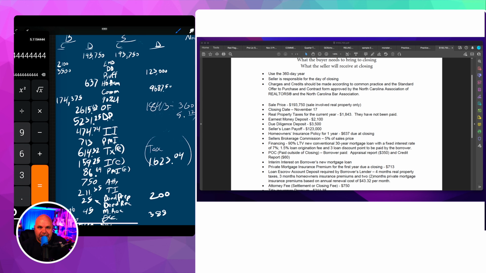And then counting the number of days. And so this is pretty late in the year, so it's November 17th. That's the 11th month. So the 10th month times 30 days is 300 days, plus another 17 for the month of closing. 317 days to seller. And so how are we going to handle taxes in this case?